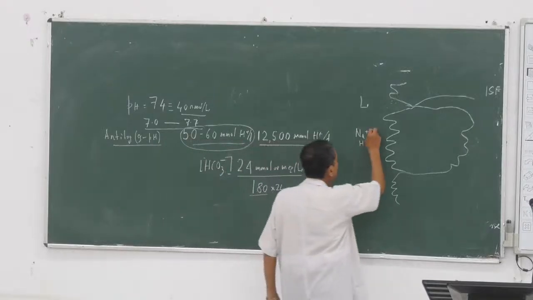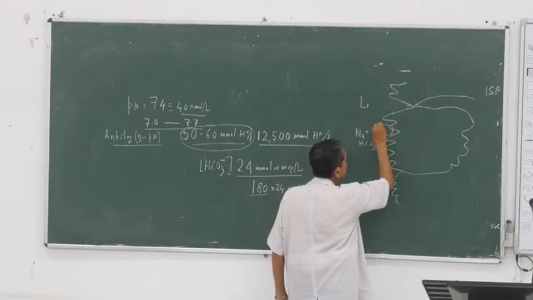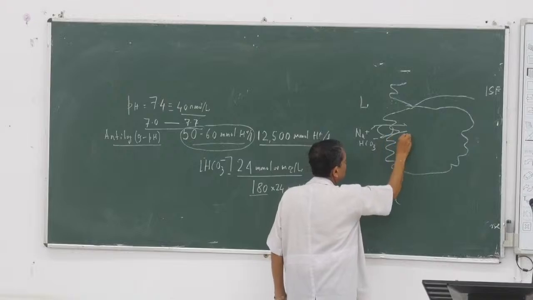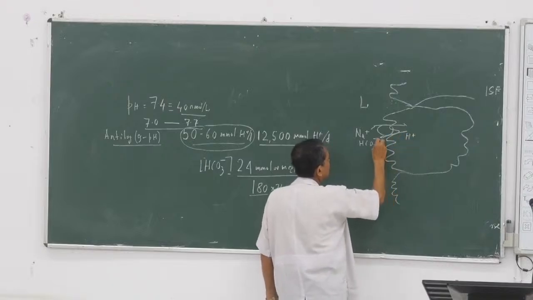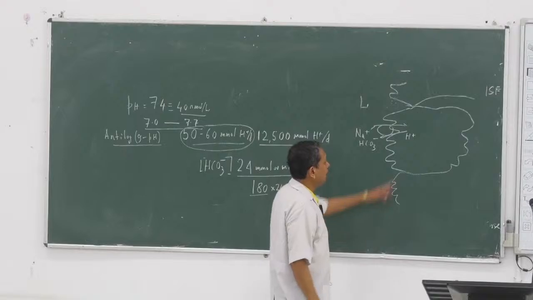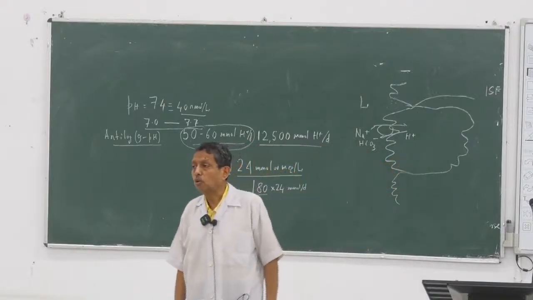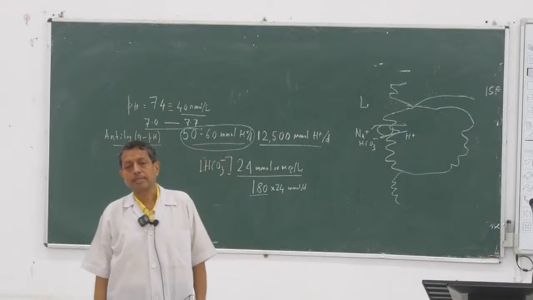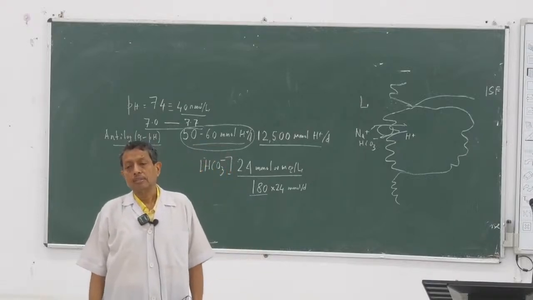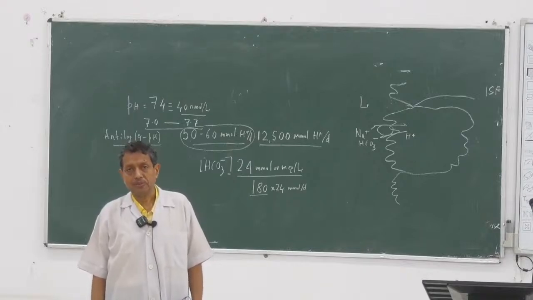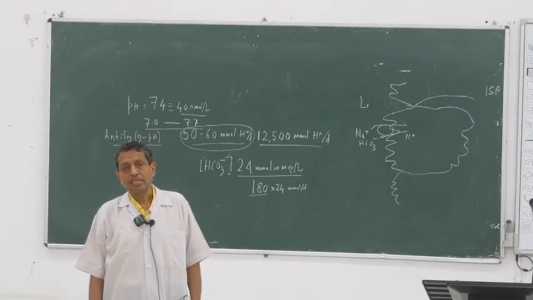Now this sodium ion is exchanged with the hydrogen ion, and this hydrogen ion is derived from carbonic acid within the cell. In the proximal convoluted tubule epithelial cell, like the parietal cell of gastric mucosa, contains carbonic anhydrase. Carbonic anhydrase enzyme quickly converts carbon dioxide into carbonic acid.